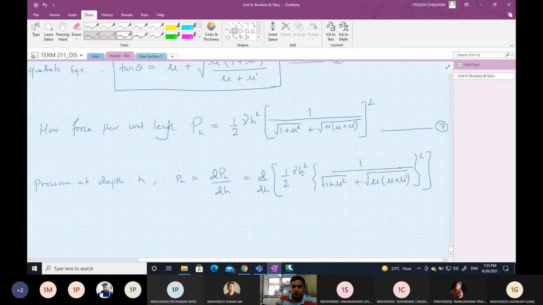The term containing h is this, so it will be 2h, so 2 gets cancelled, so it will be γ h into 1 upon (1 plus μ² plus μ times (μ plus μ')) square.